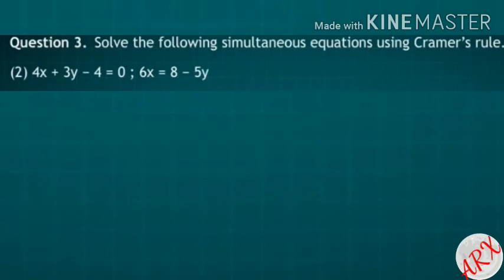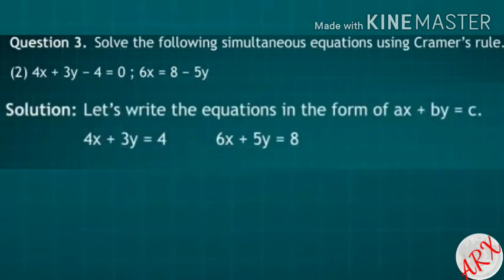Solve the following simultaneous equations using Cramer's rule. Question number 2: 4x plus 3y minus 4 equal to 0 and 6x equal to 8 minus 5y. First, we will write both the equations in the form of ax plus by equal to c. So the equations will be 4x plus 3y equal to 4 and 6x plus 5y equal to 8.